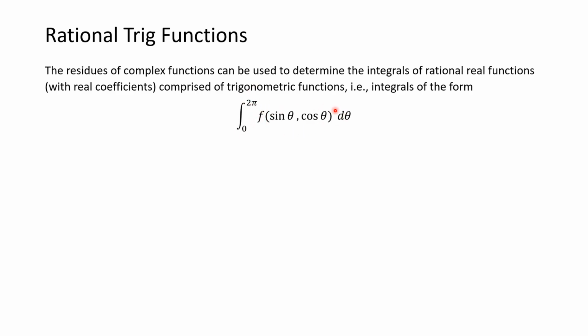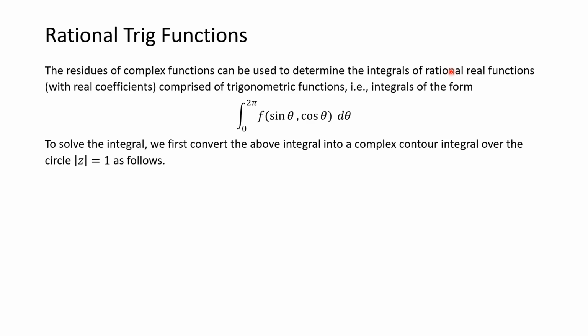And the function itself is various combinations of sines and cosines. And you can also have a quotient, which is why I use the term rational real functions. That just means a fraction of different trigonometric functions in this case. So we're going to make some substitutions.